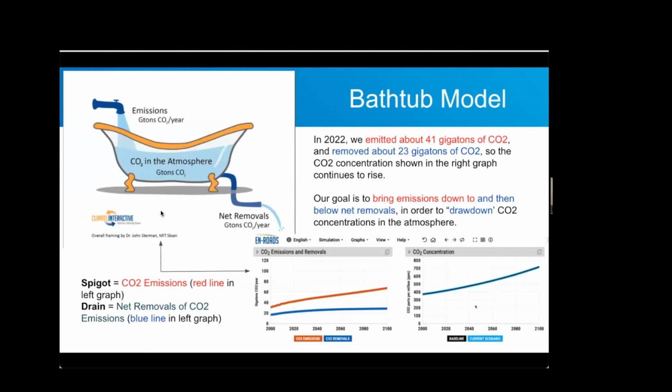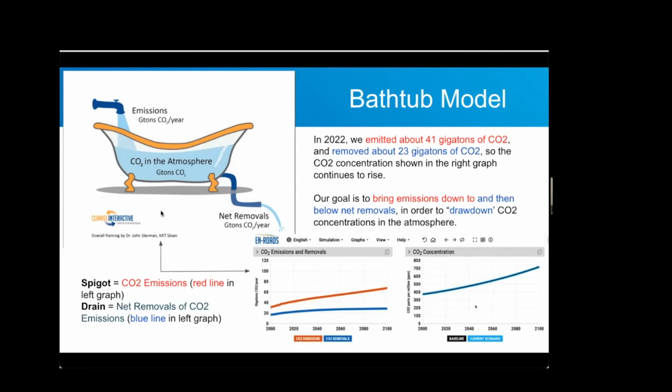Even if we level off emissions, concentrations are already so high that we've got a lot in the bathtub. And it takes a long time, as we've talked about, for CO2 to dissipate from the atmosphere on its own and to be drawn down is not happening fast enough. So the net removals are much smaller than the emissions.